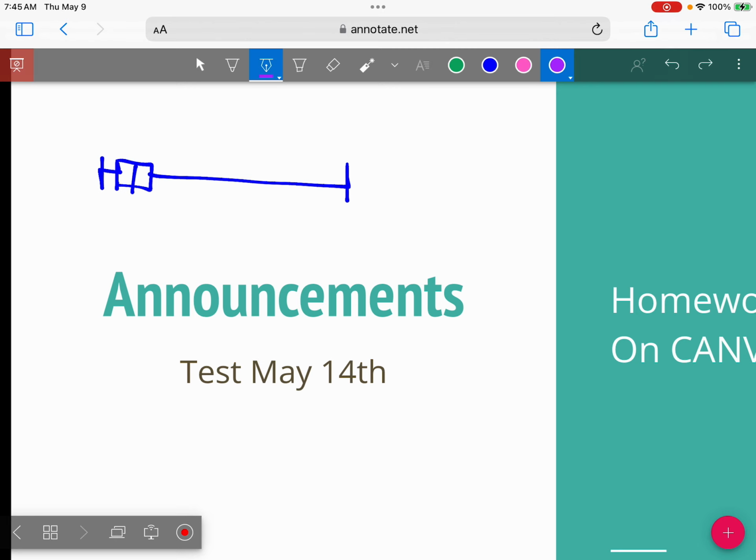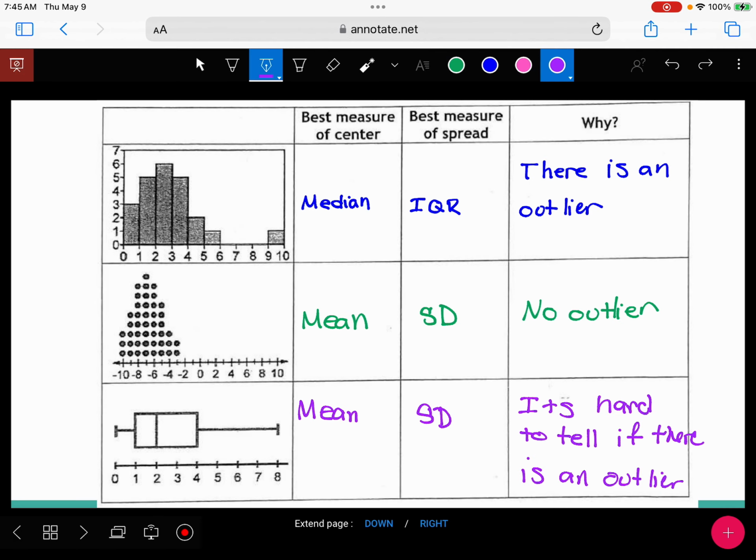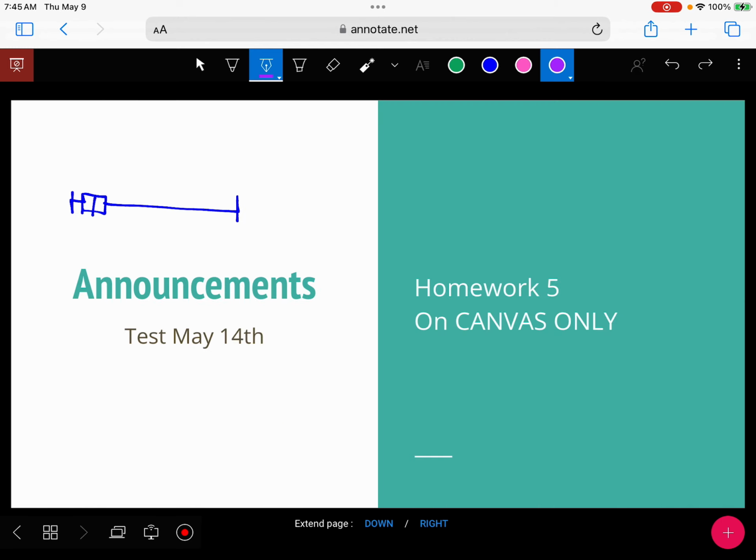So something really long like this, that definitely has an outlier. But something that's kind of close together, I mean, everything's between 1 and 8, it's not super far. So it's really hard to tell. So that's everything for the chapter.